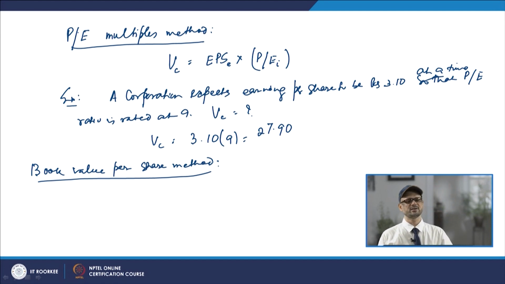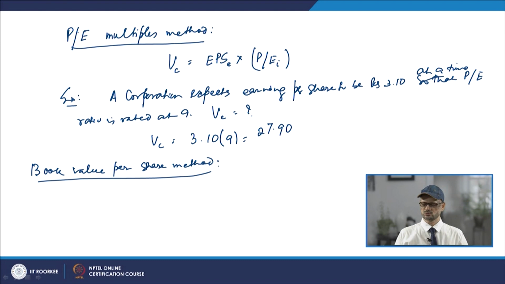Basically, it hypothetically assumes that all the firm's assets are liquidated, and all the liabilities including the preferred stocks are paid. In that case, what will the stockholders get per capita? That is how you try to find the value of the share.